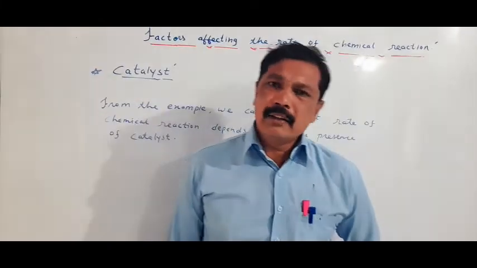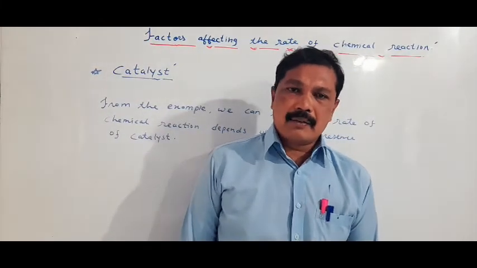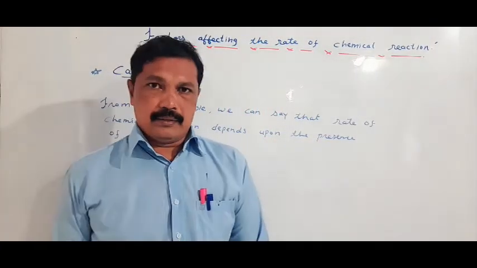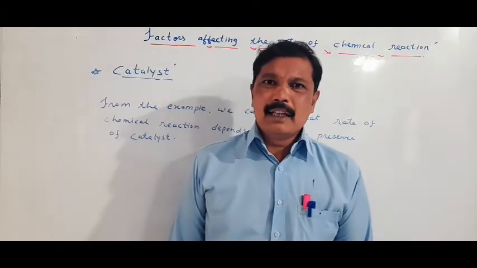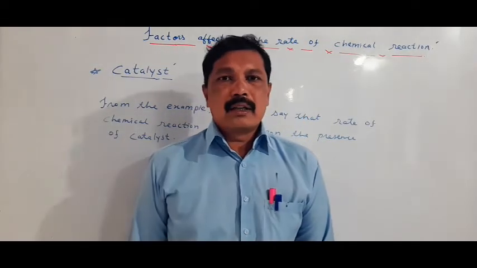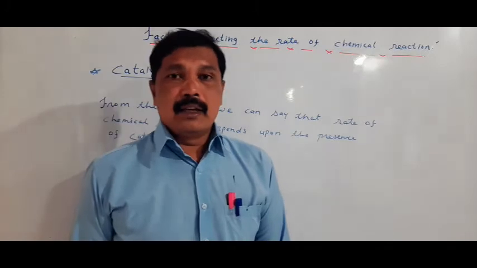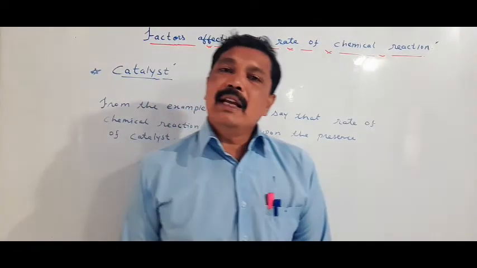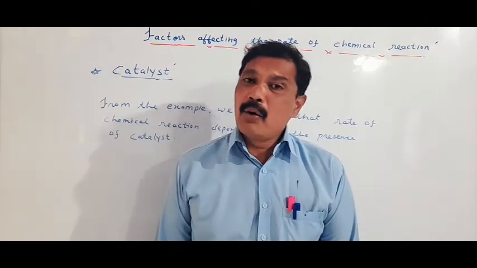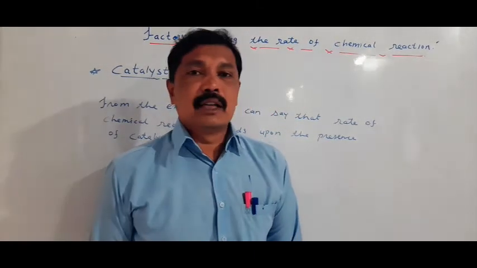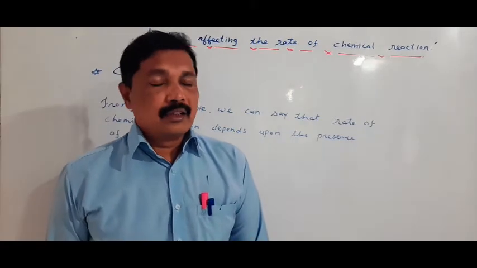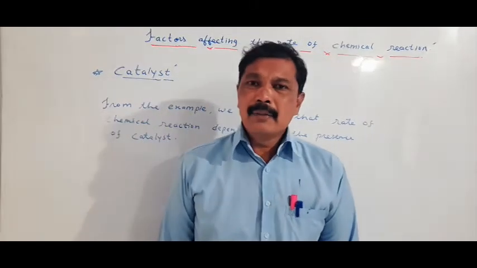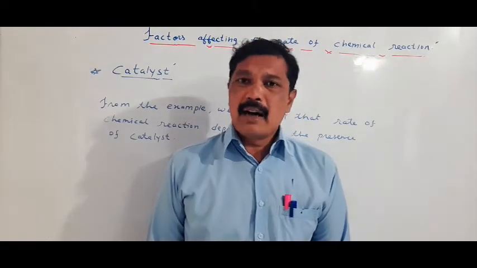The factors affecting the rate of chemical reaction are: first, nature of reactant. In this example, we have considered zinc and aluminum metal reacting with dilute hydrochloric acid, and we have found that both of them give us water soluble salt of aluminum and zinc respectively, and hydrogen gas is given out.